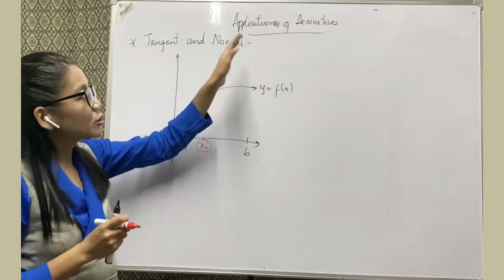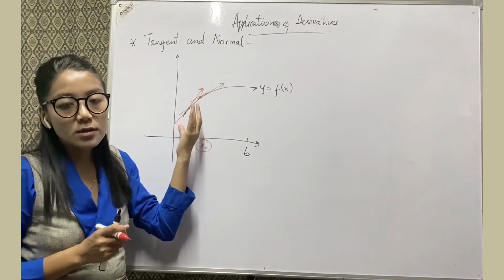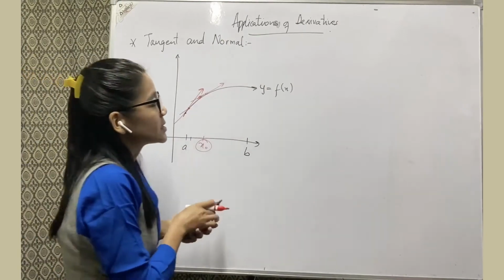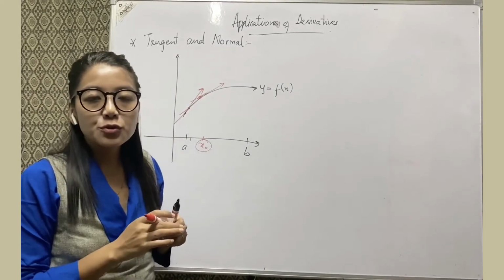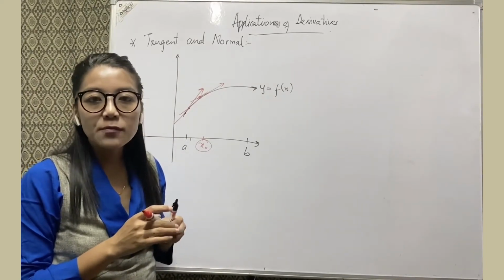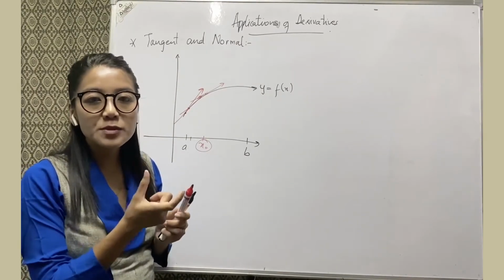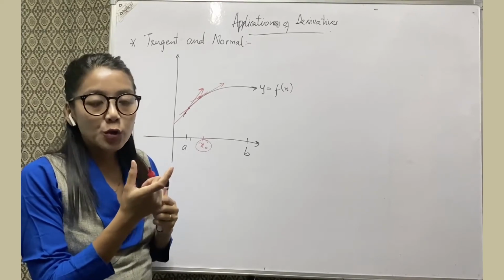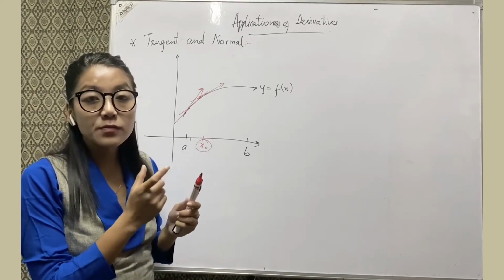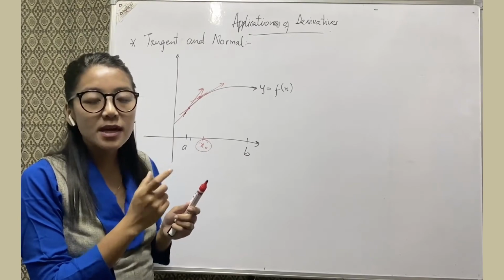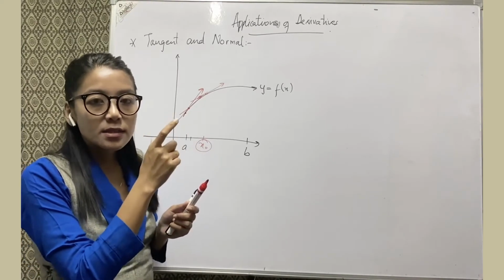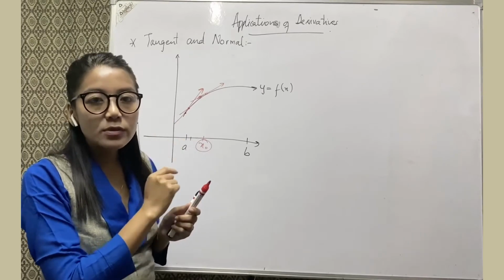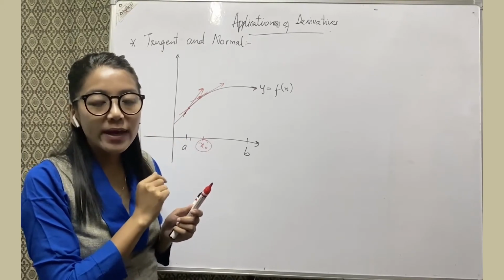Now how we are going to apply the derivative in this concept: you have to remember when you were first introduced to the derivative using the first principle method. When you derived the derivative using the first principle method, at that time we had seen that the slope of the tangent is equal to the derivative of y at x.